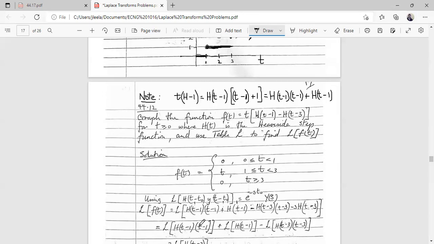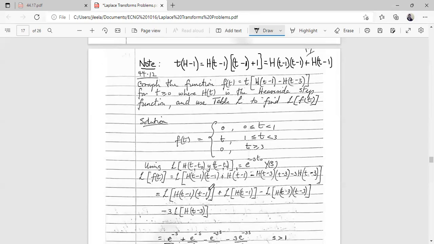So 44.12: graph the function f of t is equal to t into h of t minus 1, minus h of t minus 3, right? Now look, I put an important note on top there.